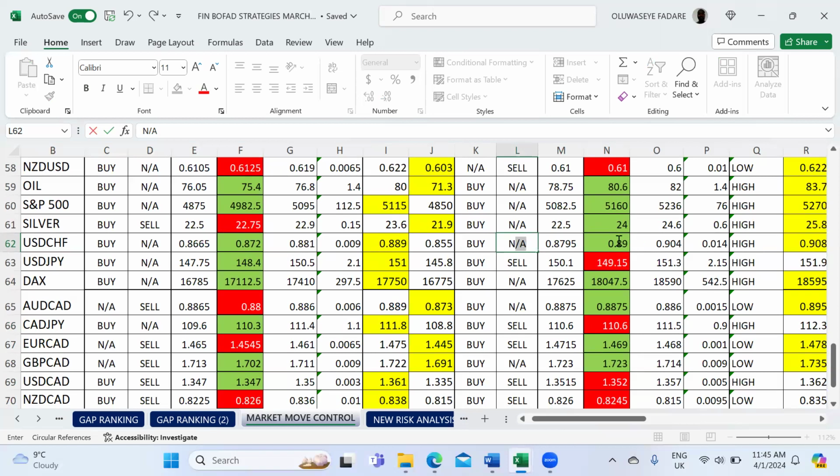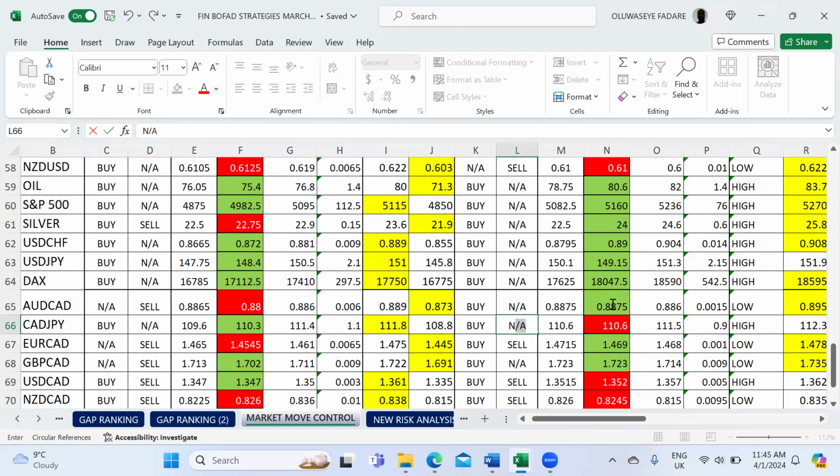Okay, so that's a buy too. From 17,112 to 18,047, that's a buy too. From 0.88 to 0.8875, that's a buy too. From 110.3 to 110.6, that's a buy too.